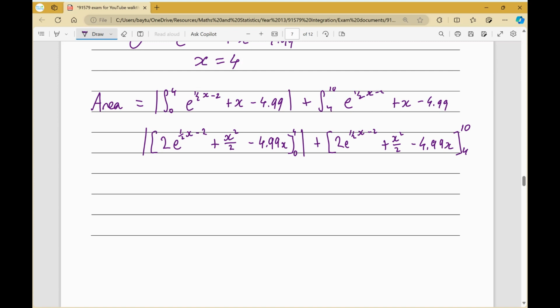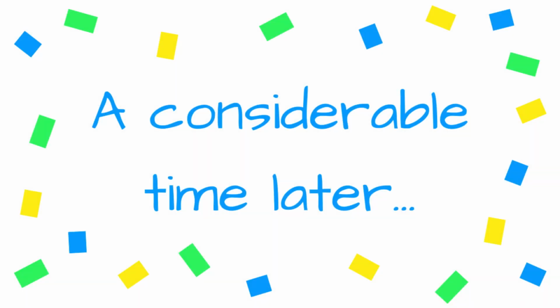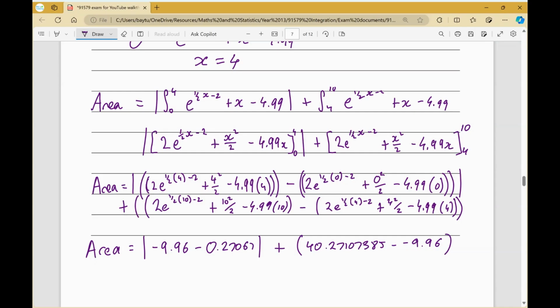So now we're going to have a bit of a time jump. Okay, it is now the following day, and I have written all of that in. So I just substituted the 4, the 0, then the 10, the 4 into the definite integral, used an absolute ton of brackets to make sure everything stays separated.